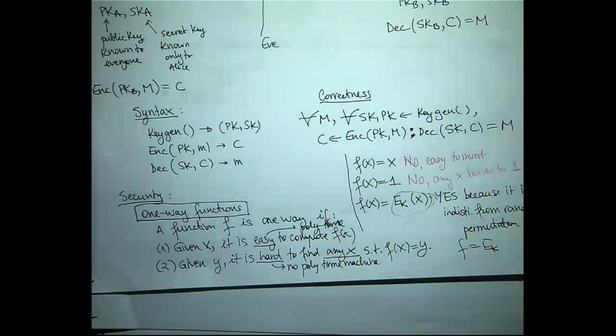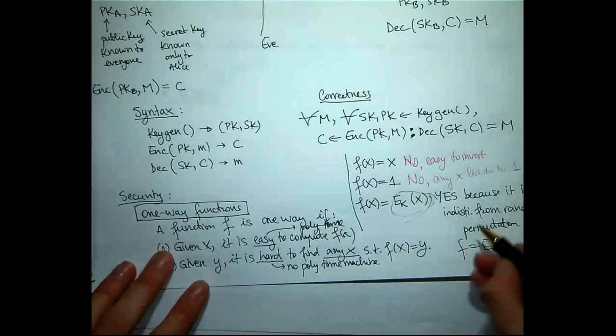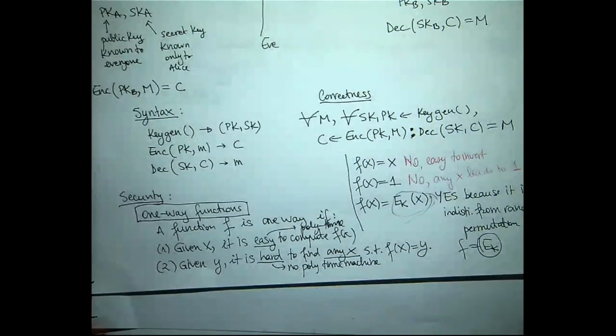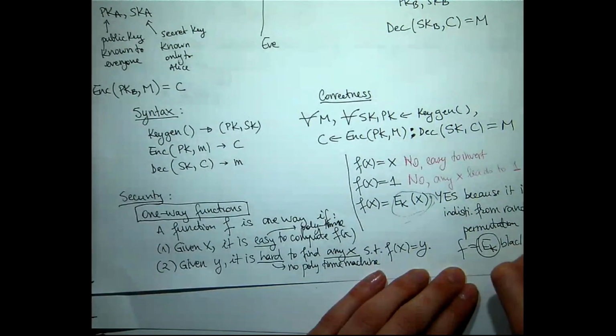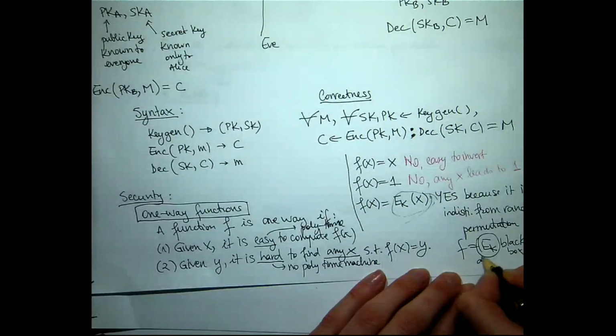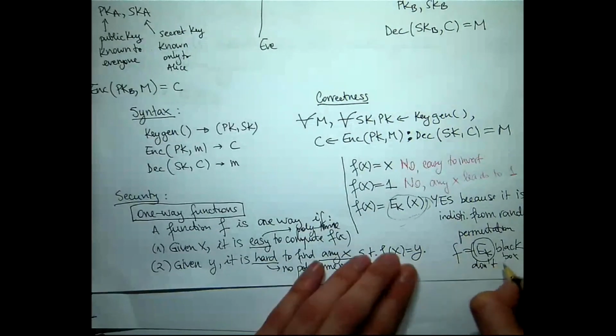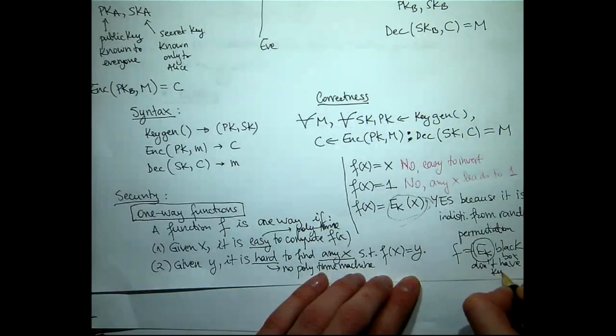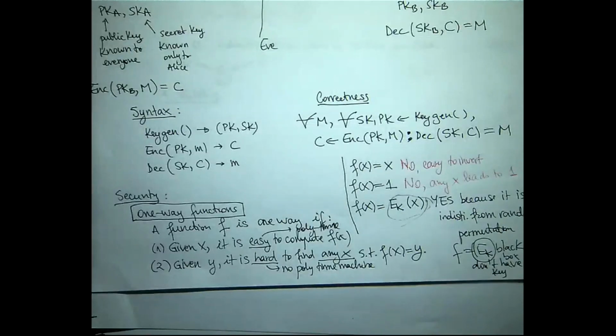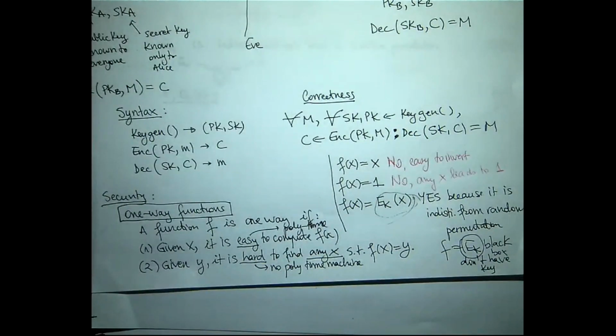Here, I was treating E sub k as one black box where you don't have the key. Because you don't have the key, you can't invert it. But the moment you have the key, you can invert it. So the function E by itself is invertible, but E sub k is not.